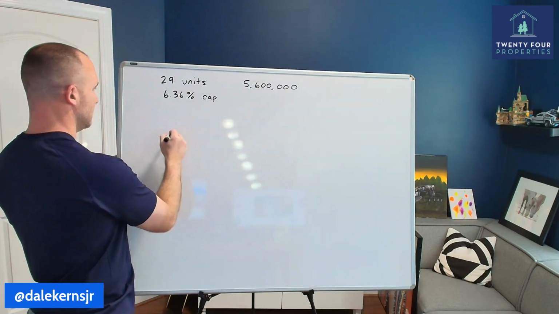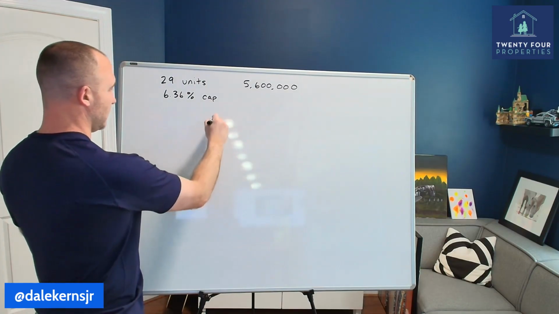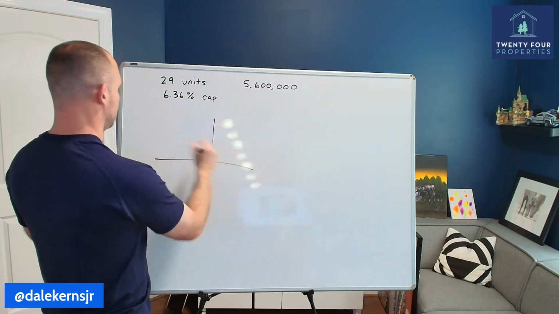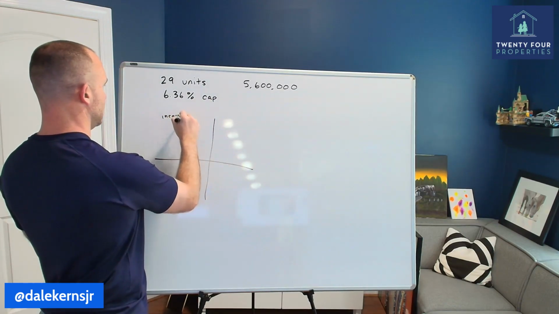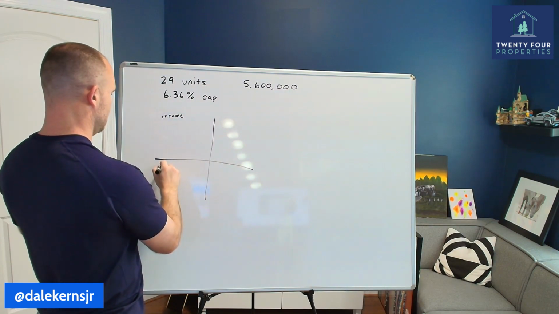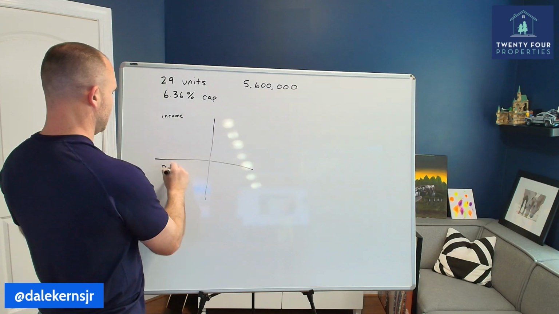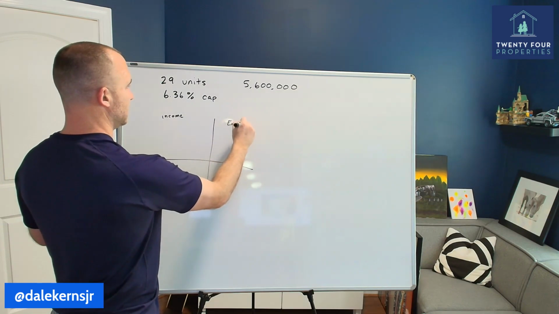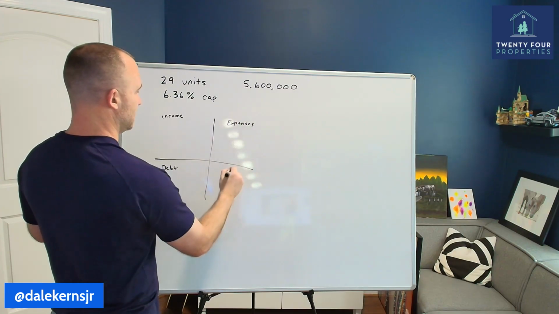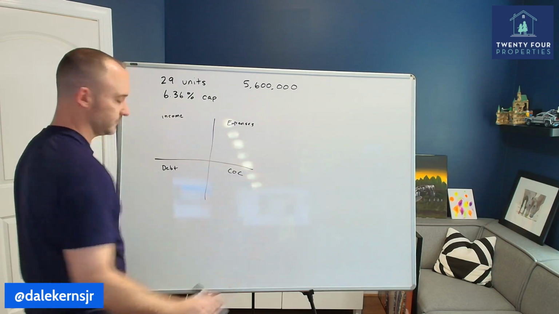So this is income, this is debt, this is expenses, and this is the cash on cash.